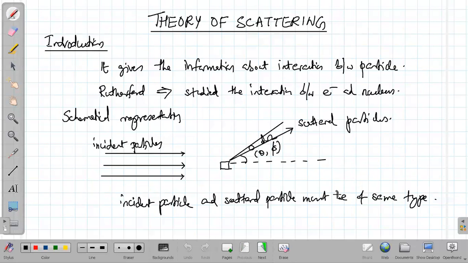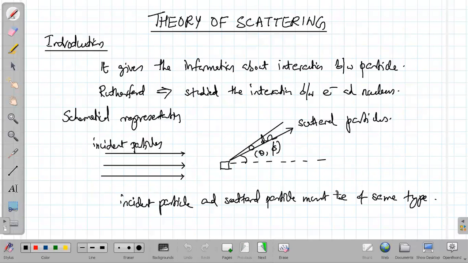After that we could know that atoms have different constituent particles: electrons, the nucleus, some particles inside the nucleus, and even inside the nucleons there are other particles. All this information is revealed by the study of scattering problems, and worldwide there are many high energy experiments which deal with such studies.